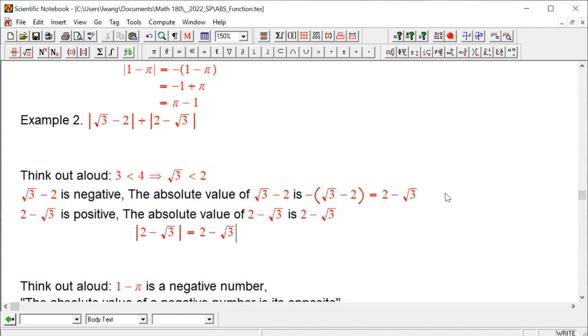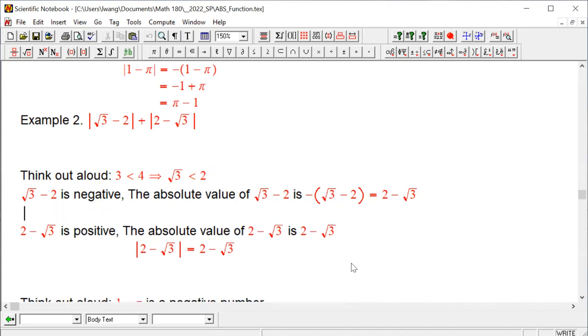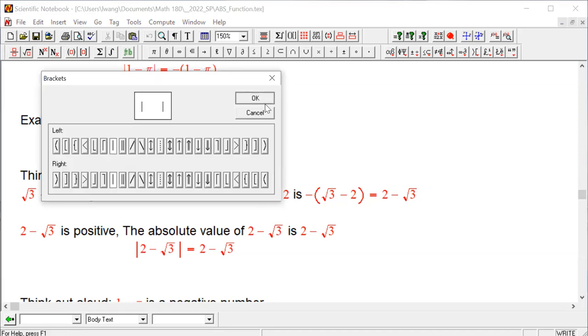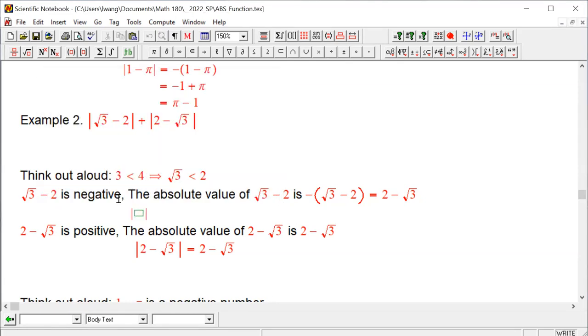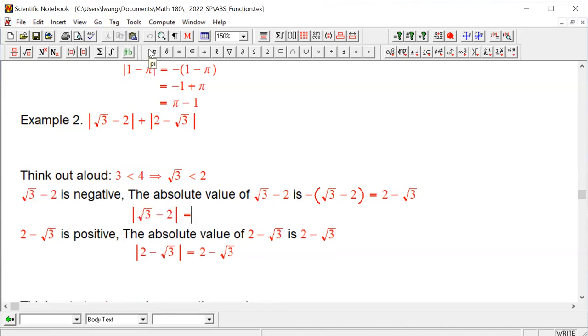Okay. And of course here, the absolute value of root 3 minus 2, we already did it there, is its opposite, and it is 2 minus root 3.